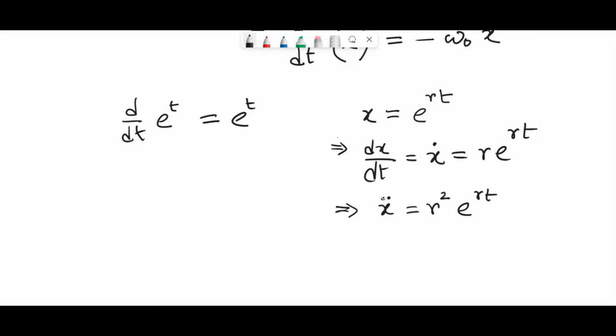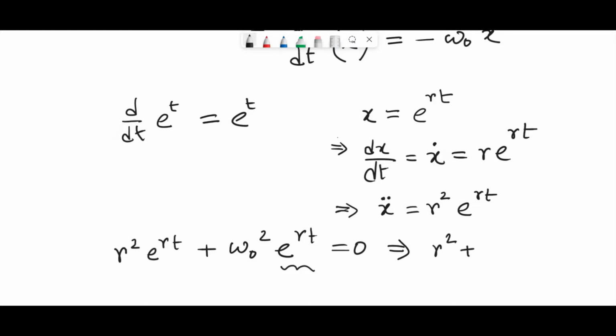So if we plug those into our differential equation, we get r squared e to the power rt plus omega naught squared e to the power rt, and this gives us 0. Because e to the power rt is not 0, we can eliminate it from this equation by dividing the equation by e to the power rt, and this becomes r squared plus omega naught squared equal to 0.